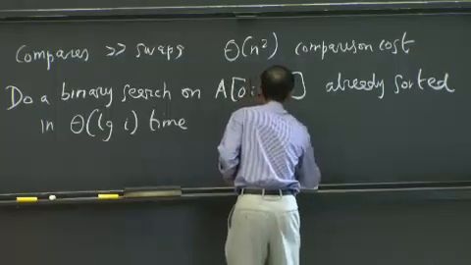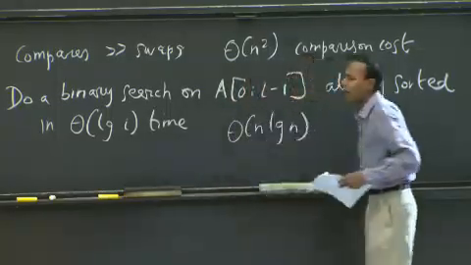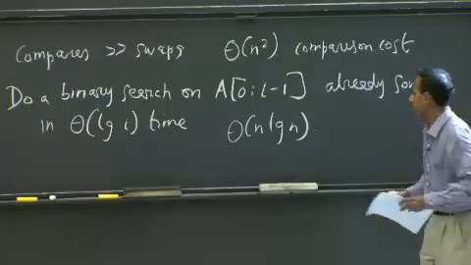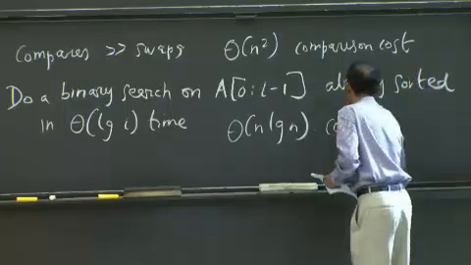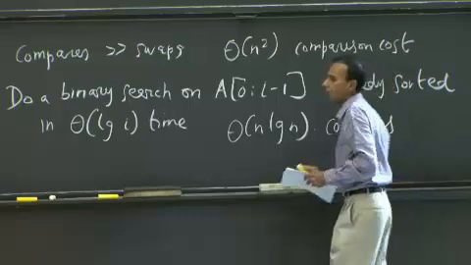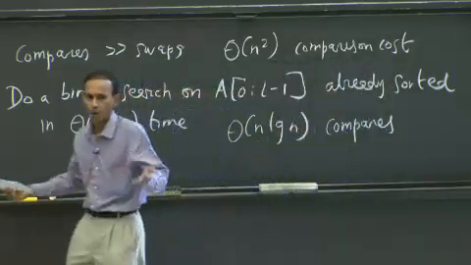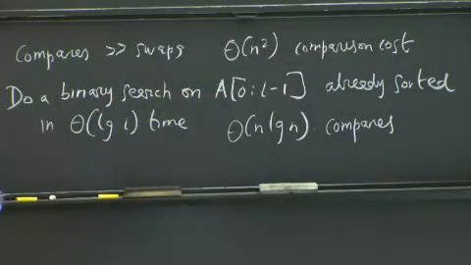But okay, now why can't I say theta n log n in terms of everything, not just compares? Does this help the swaps for an array data structure? No, because binary search will require insertion into A of 0 through I minus 1, right?